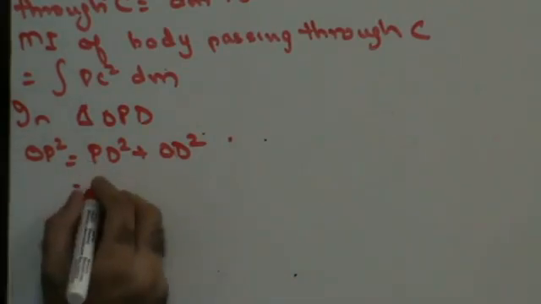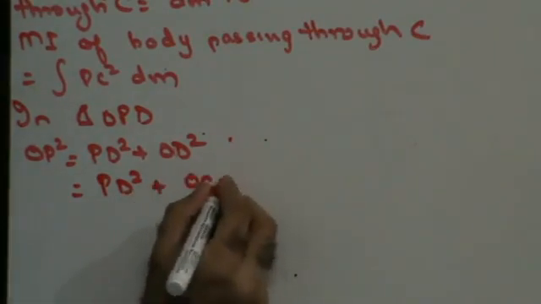Let's leave PD square as it is. OD square can be written as OC plus CD the whole square.